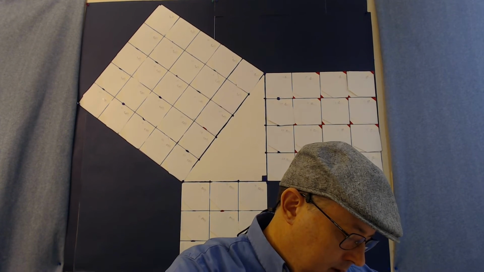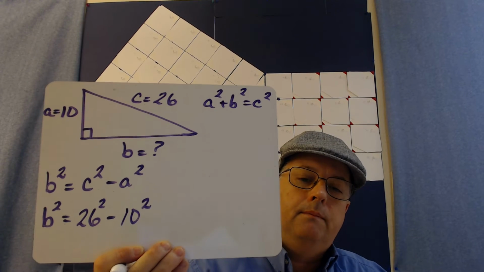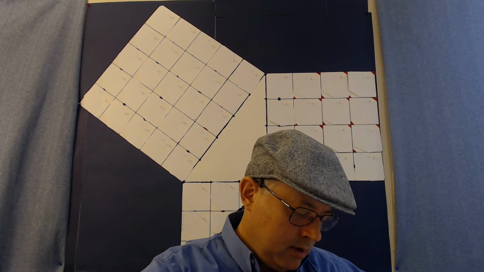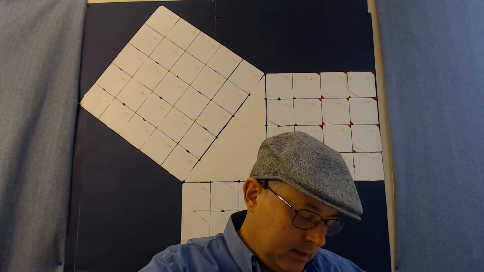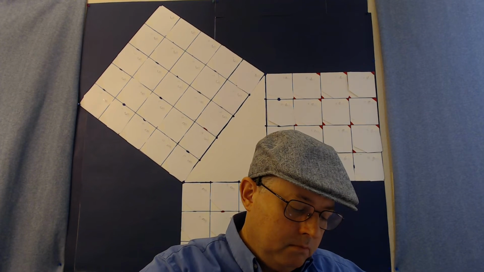So B squared equals, C is 26, that's the hypotenuse, and A is 10. So we have 26 squared minus 10 squared. And then if we say B squared equals 26 squared, that's 676. And 10 squared, that's 100.